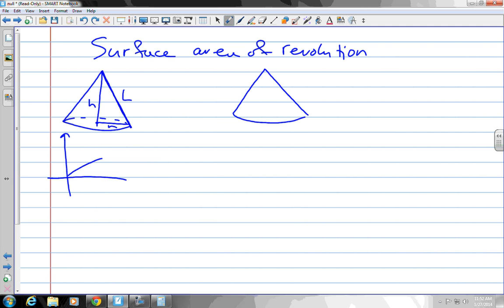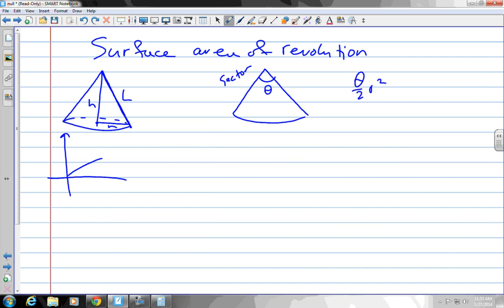If this is a sector of a circle, let's say this is theta. Do you remember those formulas, how to figure out the area of a sector? Well, you don't need pi. It's just theta over 2 r squared.